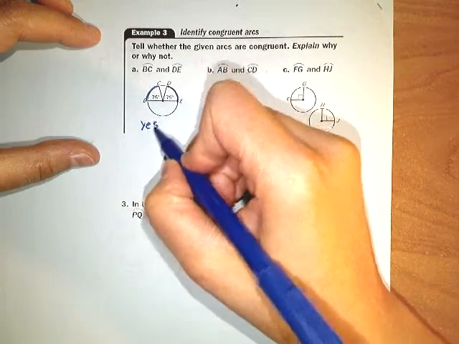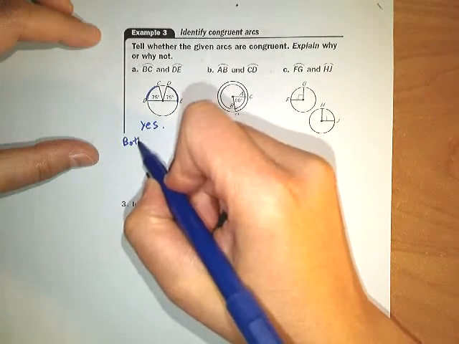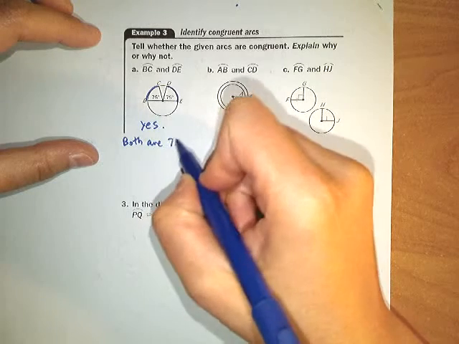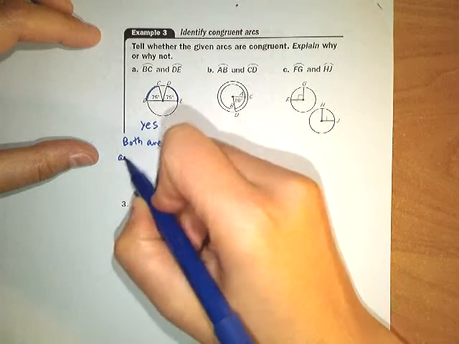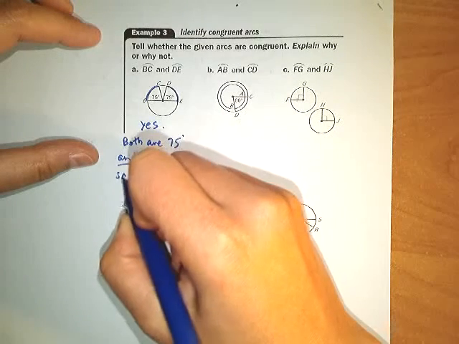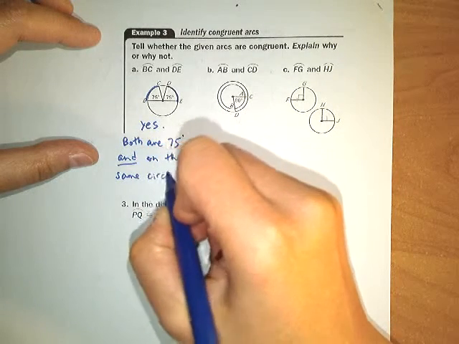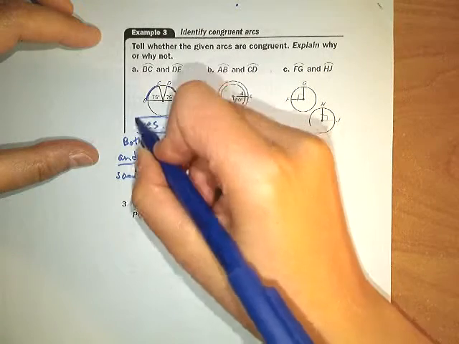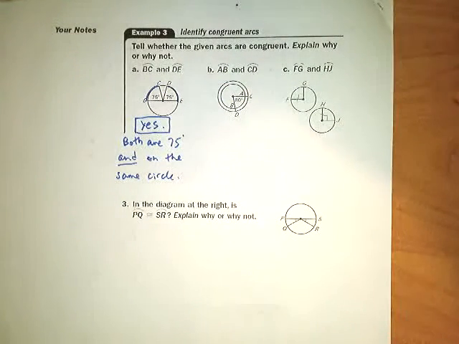So I would say yes, both are 75 degrees and on the same circle. Those are the two qualifying characteristics for congruent arcs.